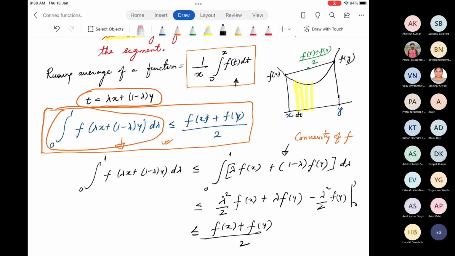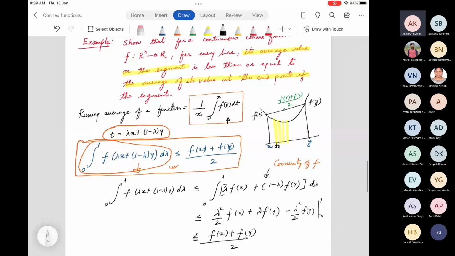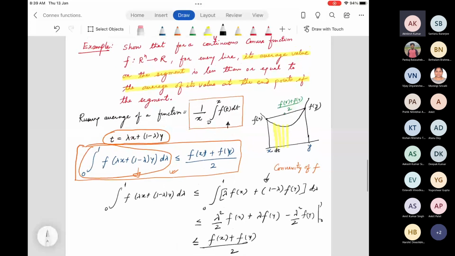Yes, sir. So how is this helpful? As I said, it is not only an example, it is actually one of the properties of convex functions, which is used to show whether some function is convex or not.